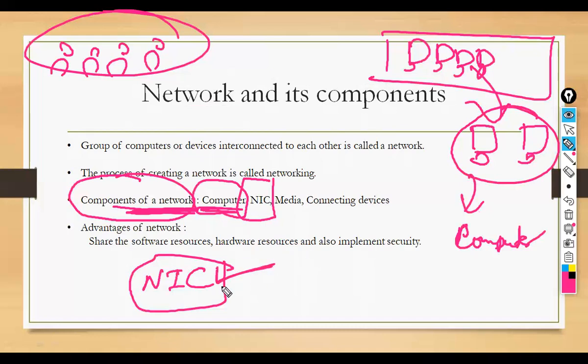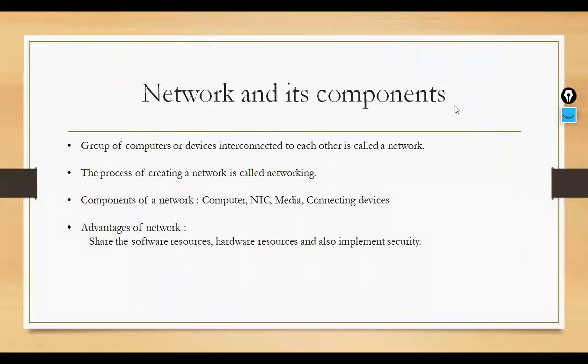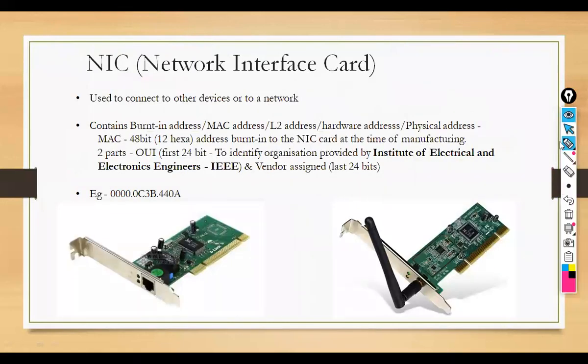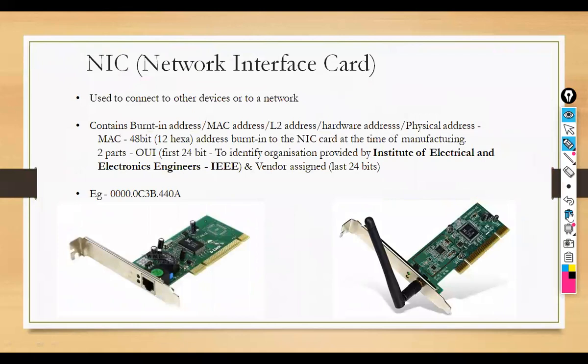Yes, so you have already told the answer. Let me tell you again. NIC here means network interface card. I presume you might have seen it. Let me show it to you. So this is an NIC and this is also an NIC. You might have seen it at the back side of the computer. You know the computer, right?